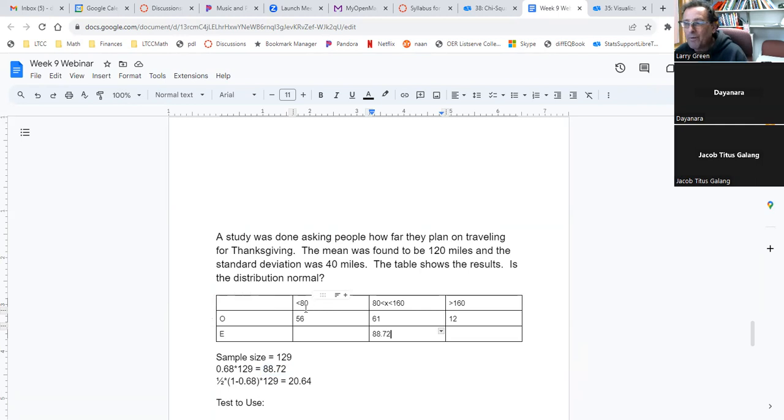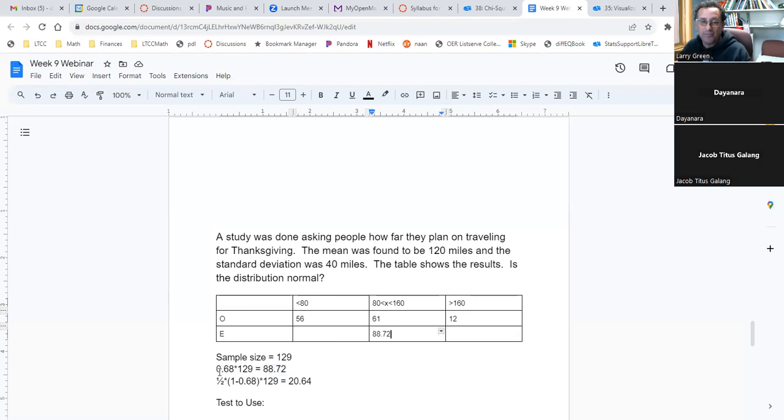If I want to find out what percent are less than 80, I can say, if there's 68% in here, then 1 minus that, or 100% minus 68%, will be out here on the outside. And the left-hand side will be half of that. So I take 1/2 times 1 minus 0.68, and multiply it by 129. Let me pause for a second. Any questions on how I came up with that math?